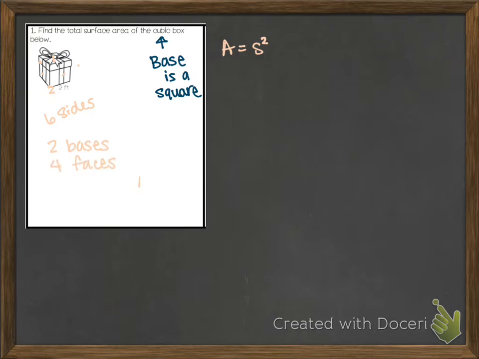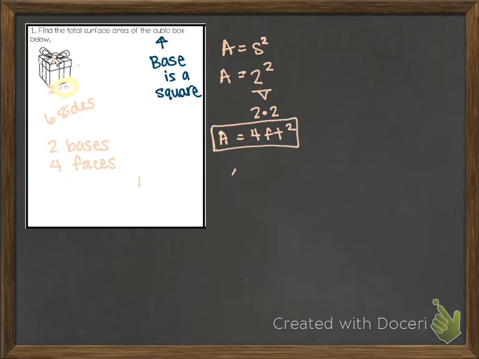Okay, so we're going to use A equals S squared to find one of the sides of this cubic box. So A equals, your side length here is 2 feet. So A equals 2 squared. 2 squared means 2 times 2, which means A equals 4 feet squared. That's just for one face, and we have 6 of them.